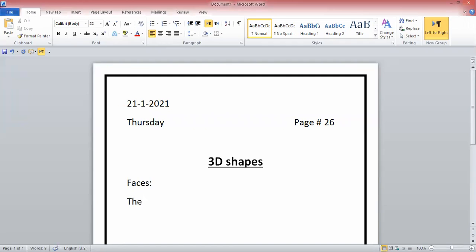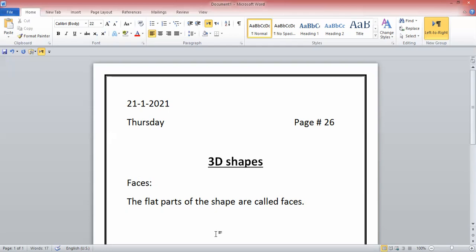Faces are the flat parts of the shape. The flat parts of the shape are called faces.